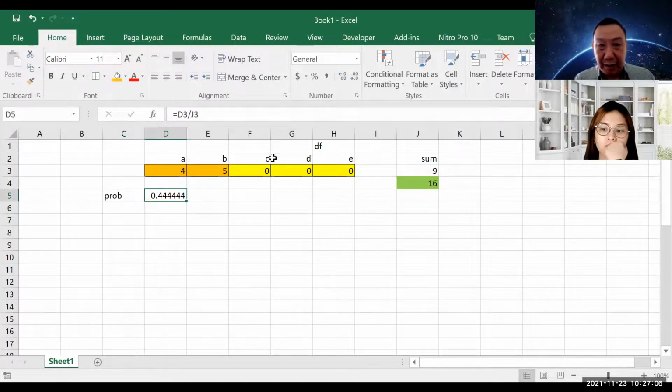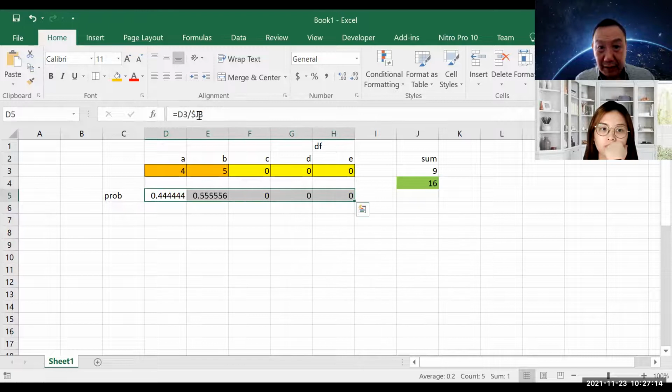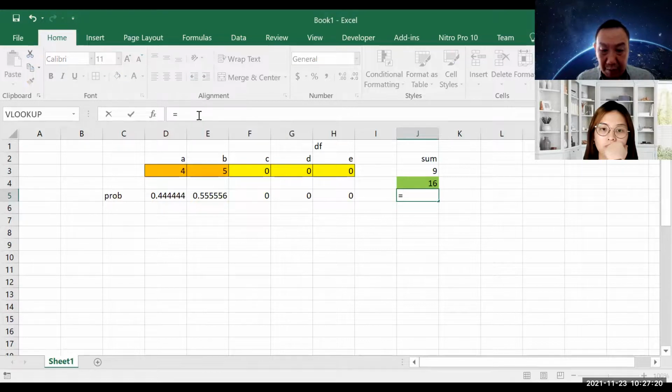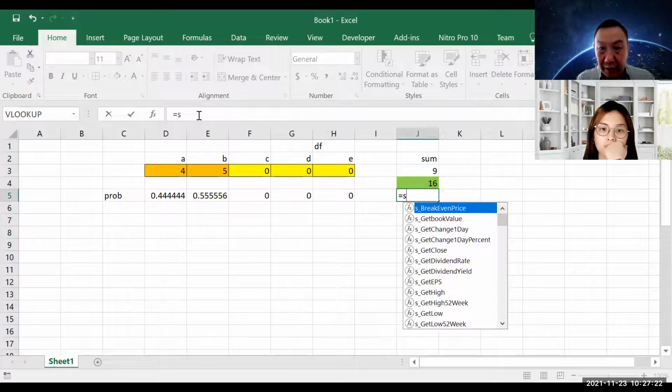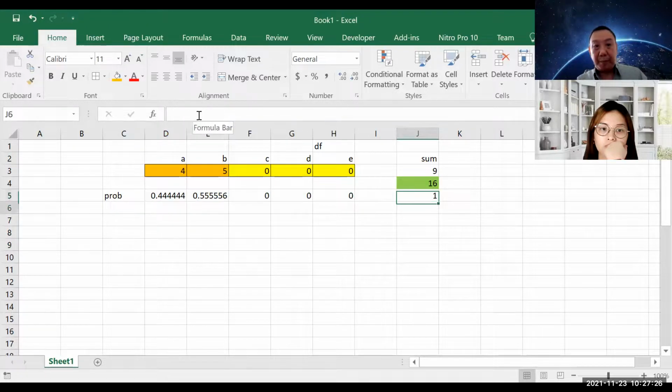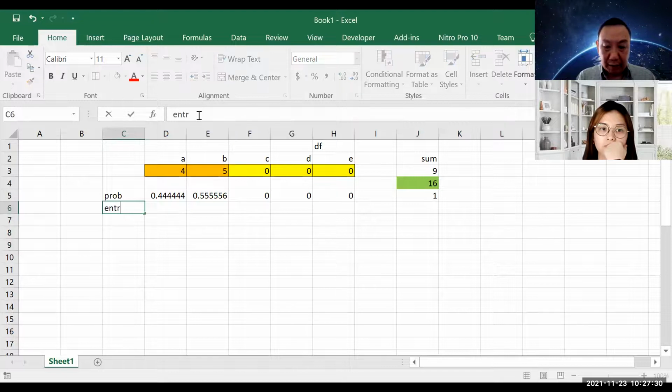So that value I divide by the sum, so that I can copy, I put a dollar sign here. So these are the probability. You know the sum of the probability is always 1.